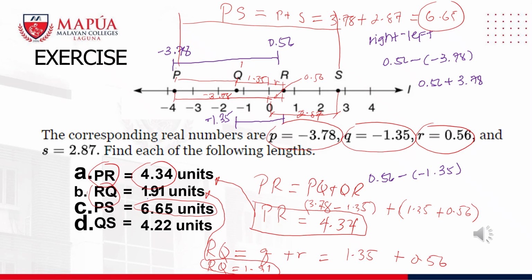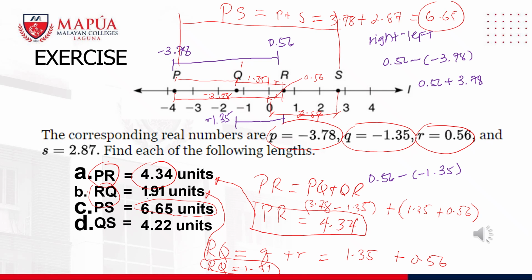And for QS, the distance is simply Q plus S. Our Q is 1.35, plus 2.87, which is equal to 4.22.